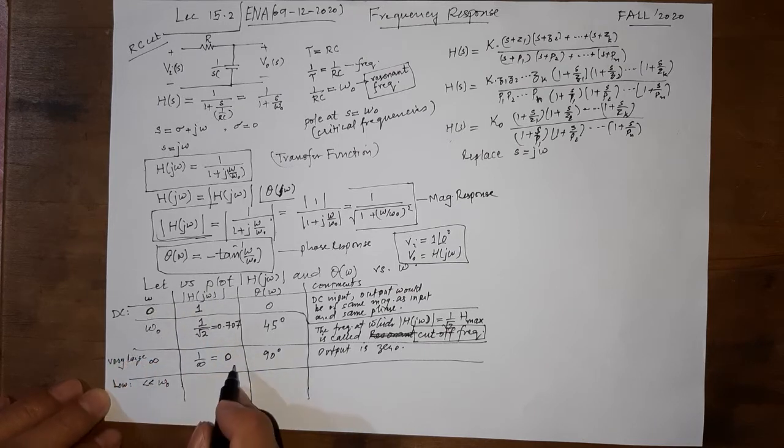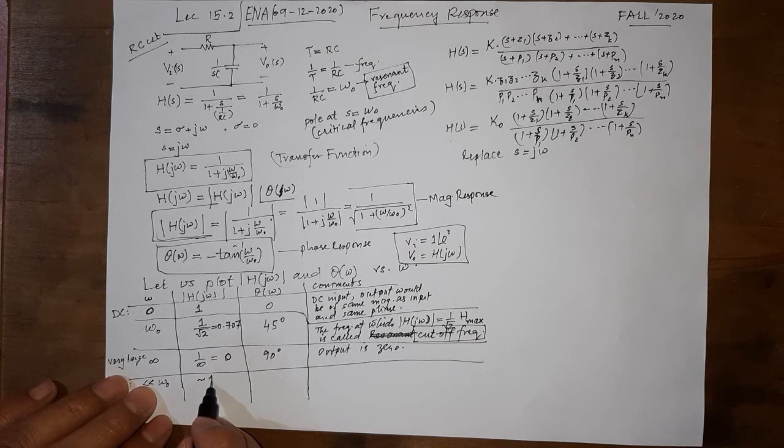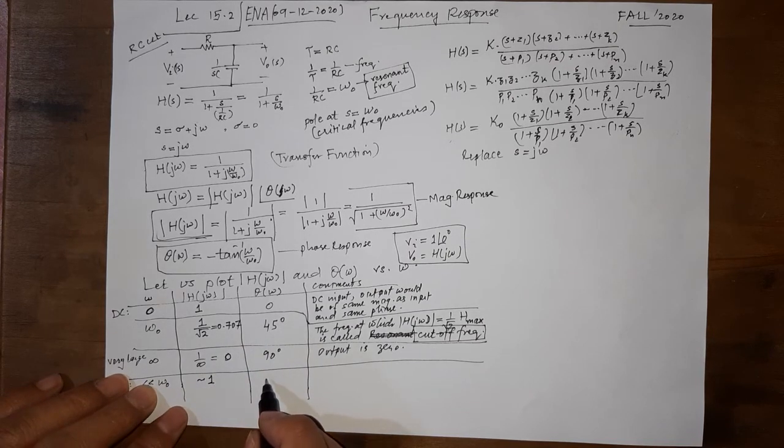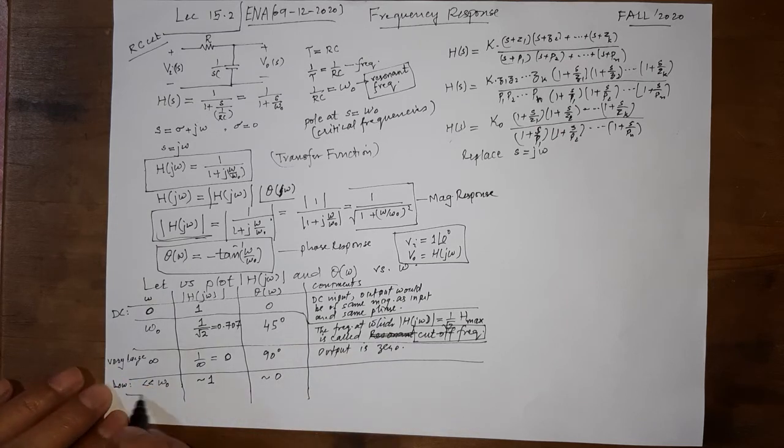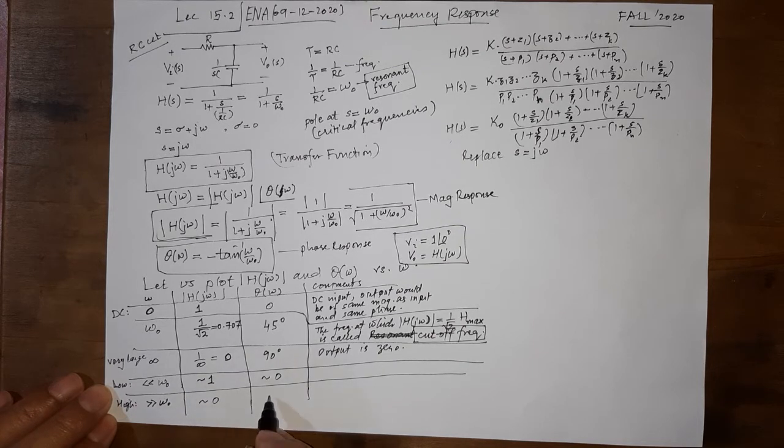That is, the output would approximately be the same as the input, and the change in phase would be approximately 0. And if we are dealing with a high frequency, much further towards the higher side of omega naught, the output is going to be almost close to 0, and the phase angle would approach 90 degrees.